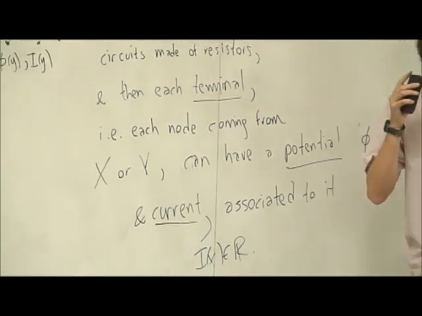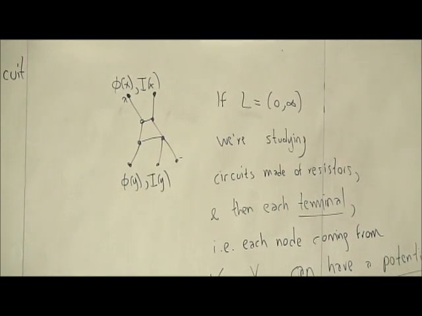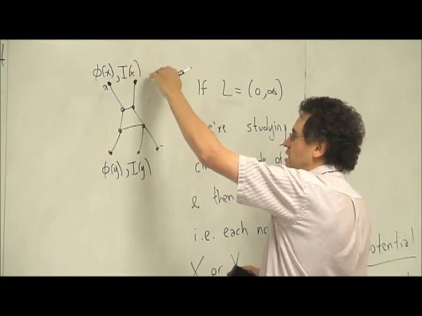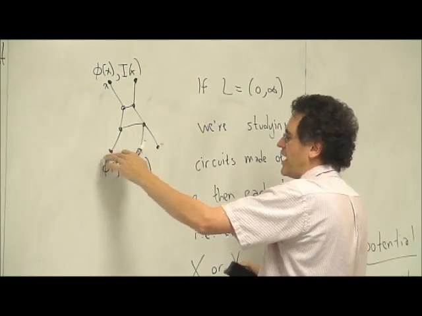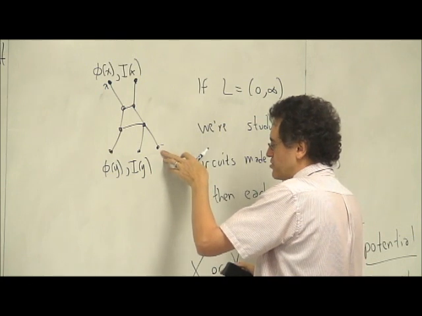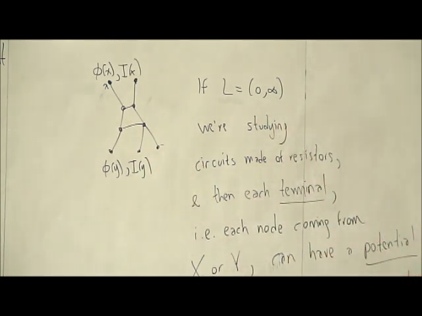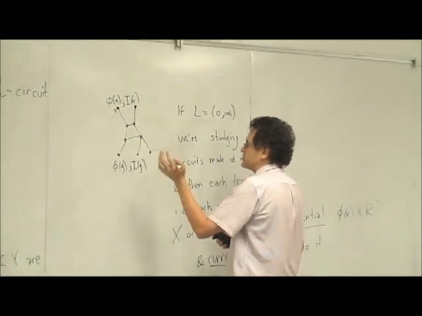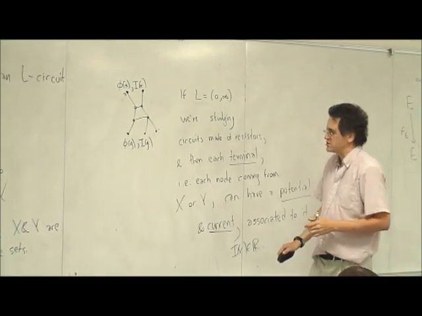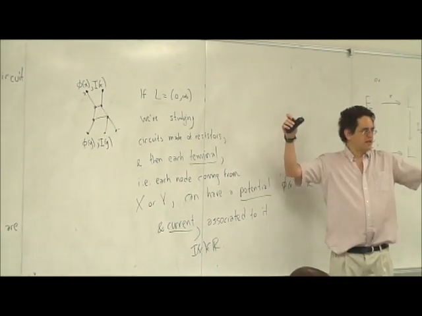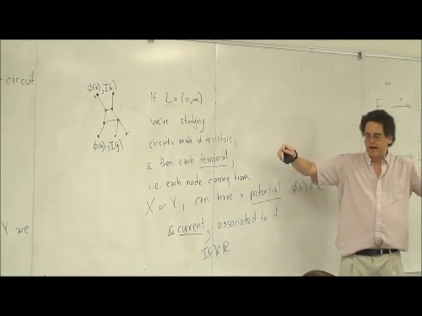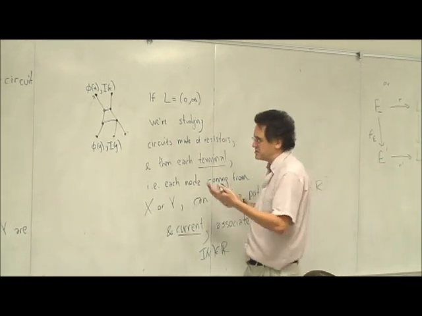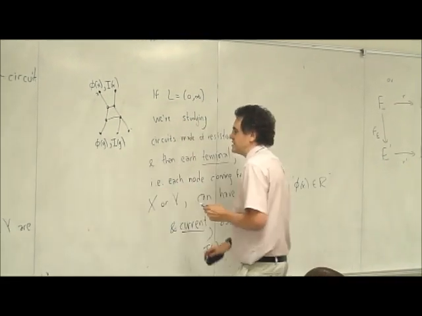And when you ask what a circuit does, what you're asking is, what possible choices of potential and current are allowed for these terminals? Not any choice is allowed. For example, it could be that if you fix the potentials, that will determine what the currents have to be. That's a very typical situation. I've got a black box, and I fix the potentials at the two ends. The black box will tell me how much current is flowing through it. The black box could be just, for example, a single resistor in the simplest case.